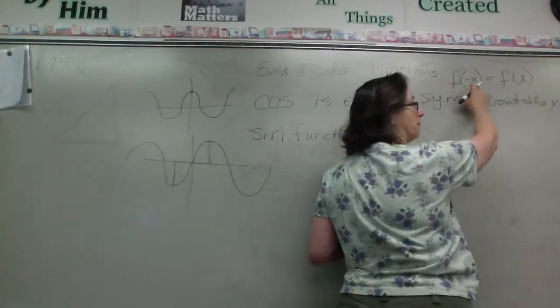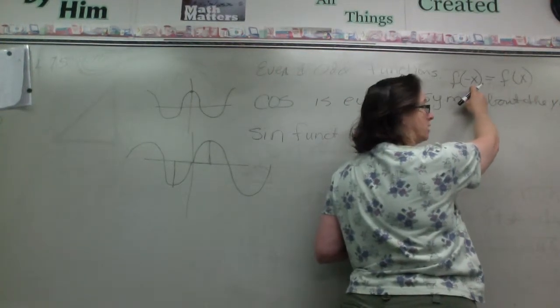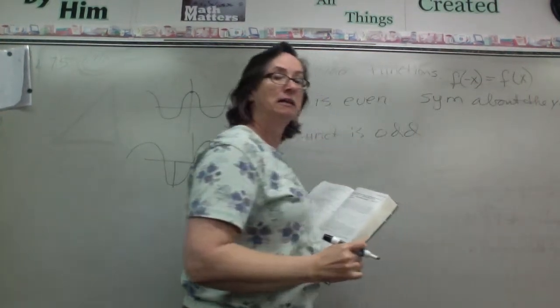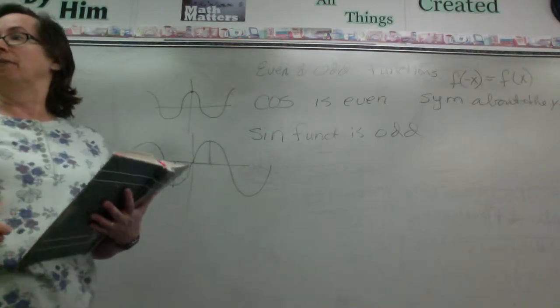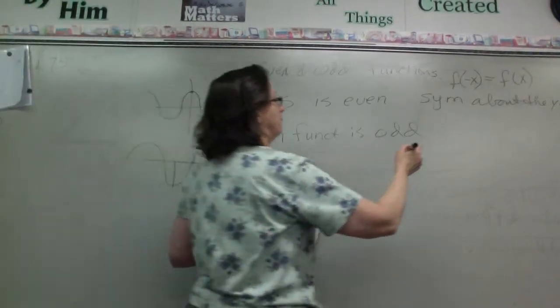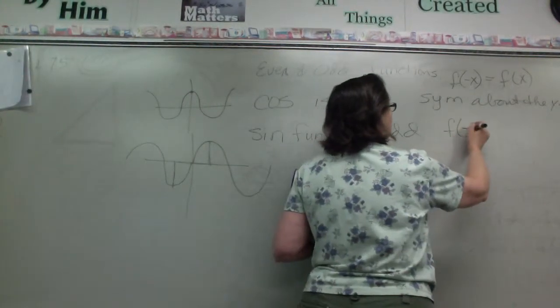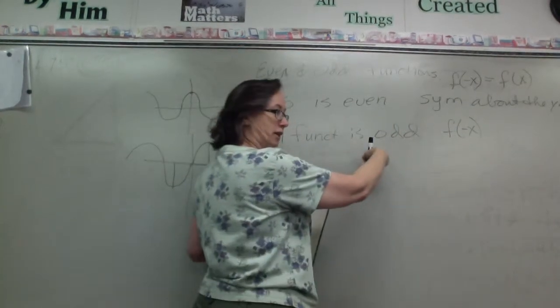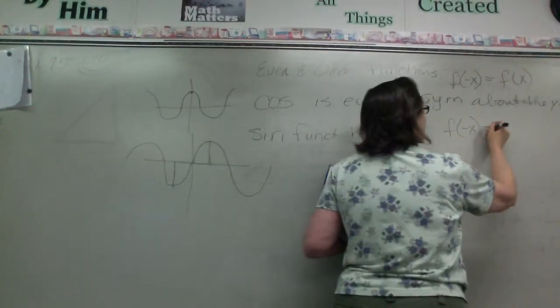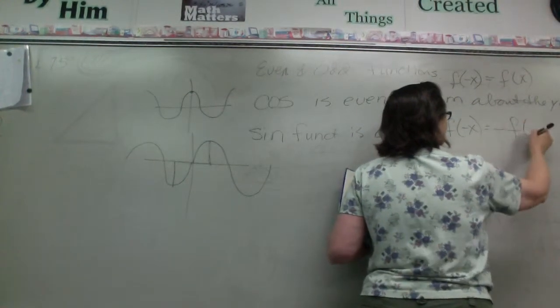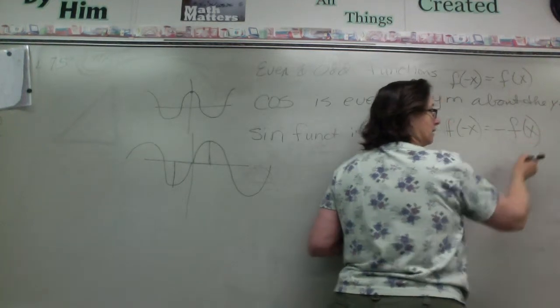Whenever you can plug in a negative x into the function and get the same thing, it's an even function, okay? Now, f of negative x on an odd function is going to be negative the function at x, all right?